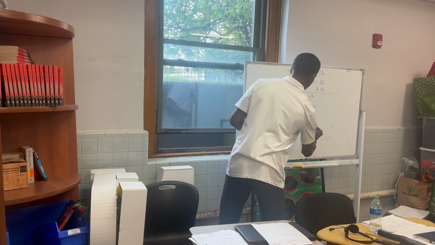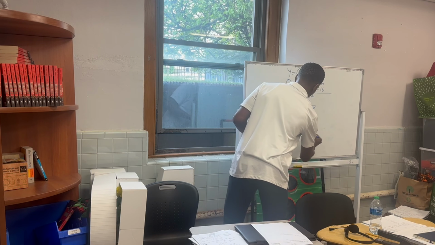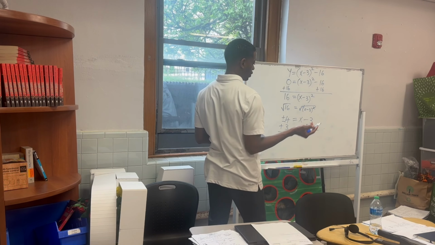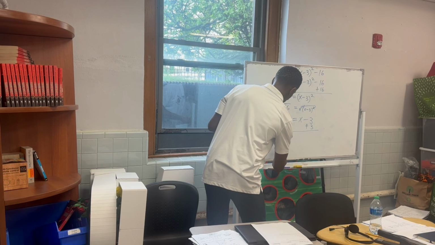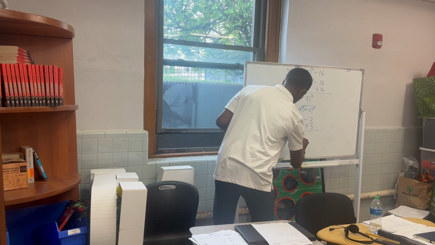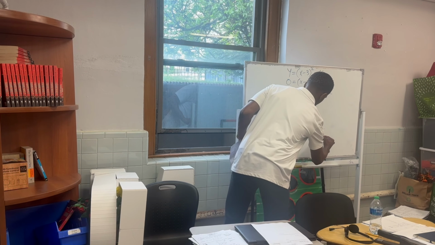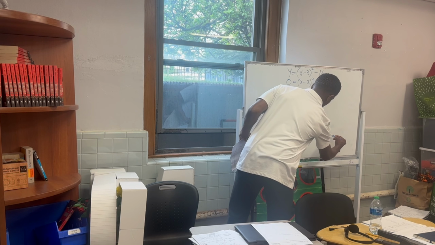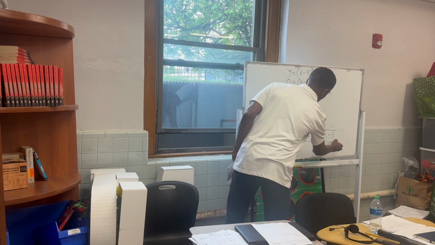Add 3 on both sides. So my final answer is gonna be two answers, like Jovilis was saying. The first one is 4 plus 3, which is 7. The second one is negative 4 plus 3, which is negative 1. So these are our final answers.